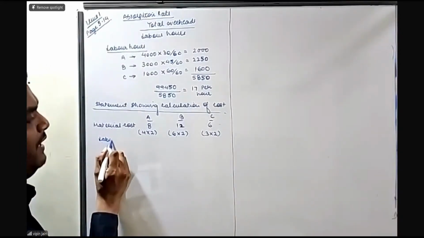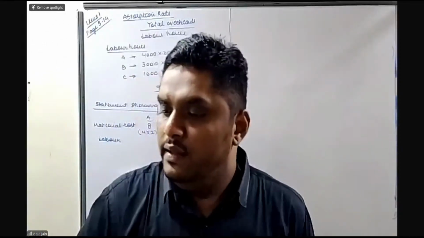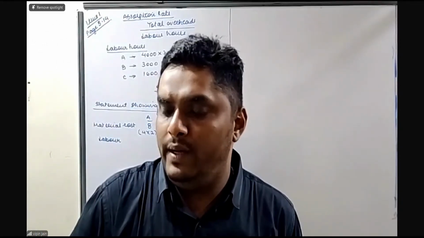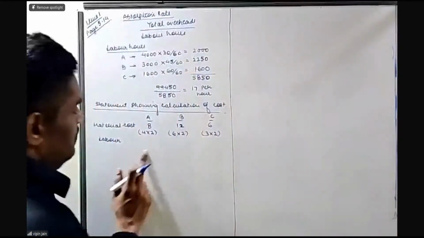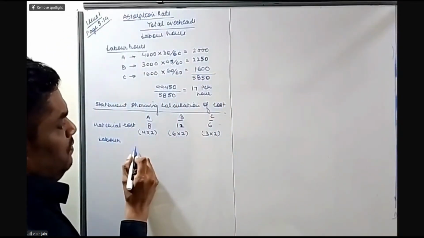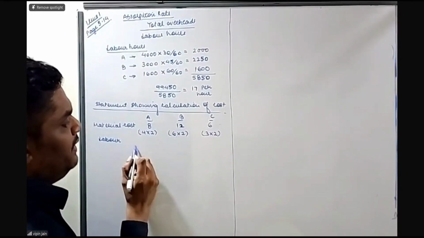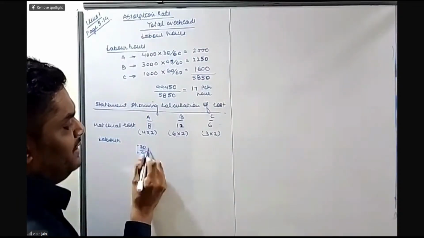Now let's start with labor cost. See, it is given 30 minutes, 45 minutes, and 60 minutes. However, the rate is given per hour. So 30 minutes, we will convert it into hours first. So 30 divided by 60 into 10.